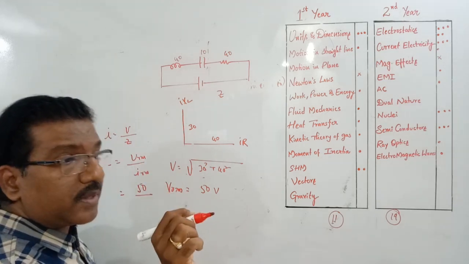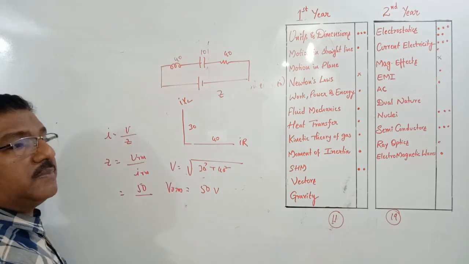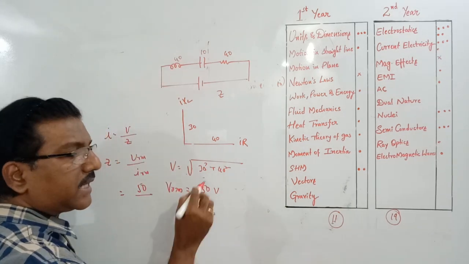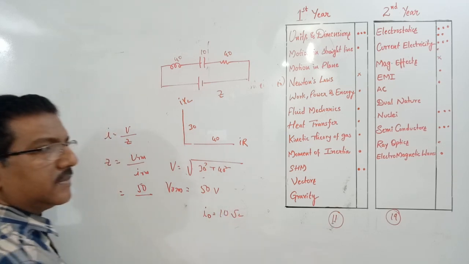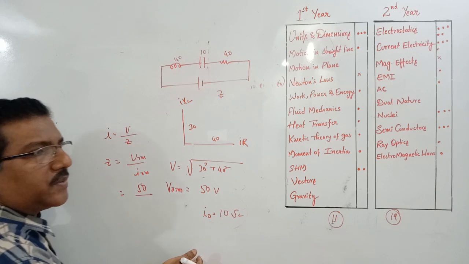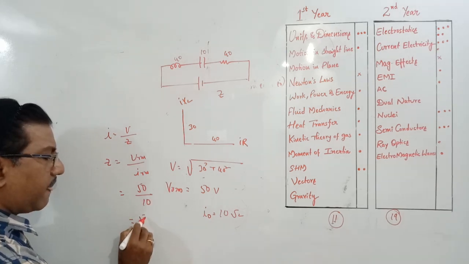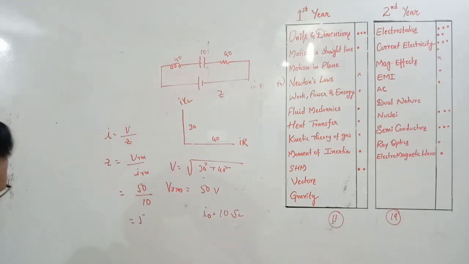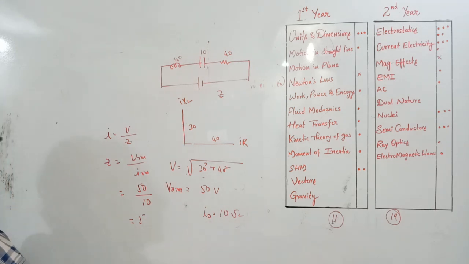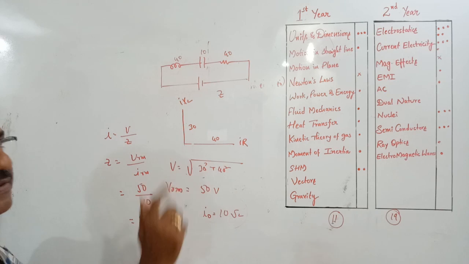But see the problem, it is given a peak amplitude. Maximum amplitude means I naught is given. What is I naught? Peak current is given as 10 root 2. I RMS is I naught divided by root 2. I RMS is equal to I naught by root 2. Tell me, sir, is that beyond your limit? Is this question beyond your limit here?